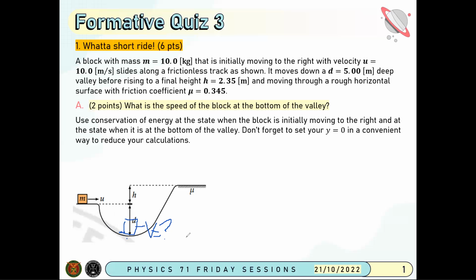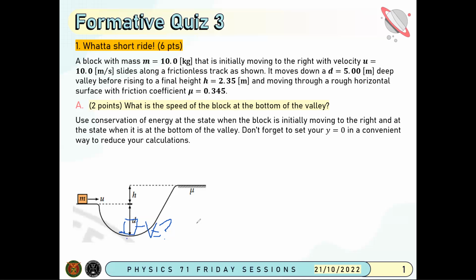What you need in conservation theorems is just the initial state and the final state, the initial configuration and the final configuration of your system. So you should define the initial state and final state as well as the coordinate axis. You can always set where your y equals 0 or x equals 0 in a very convenient way to reduce the number of terms.